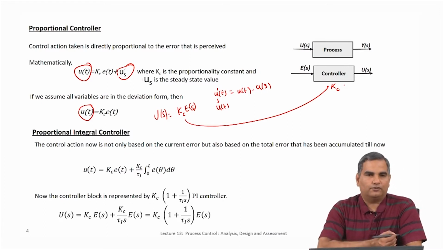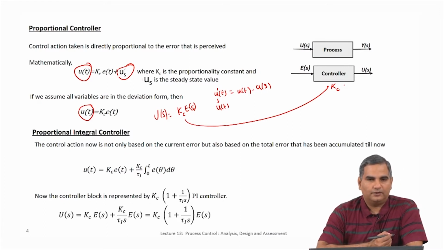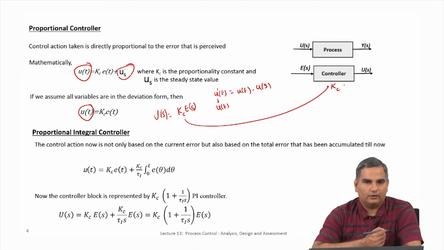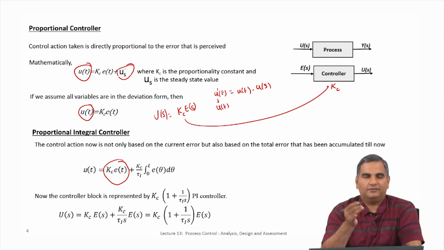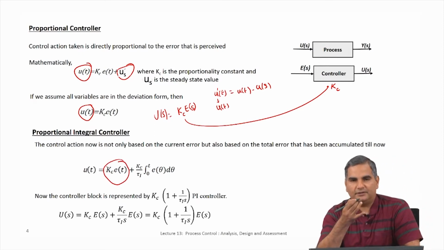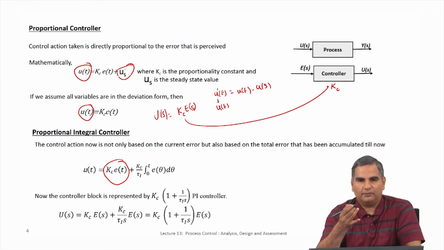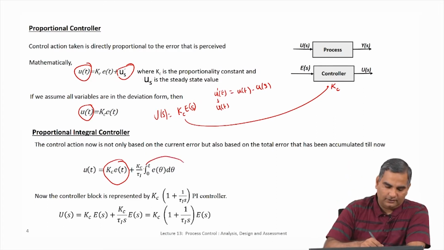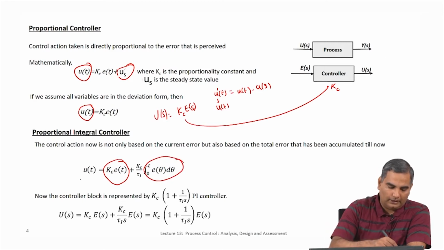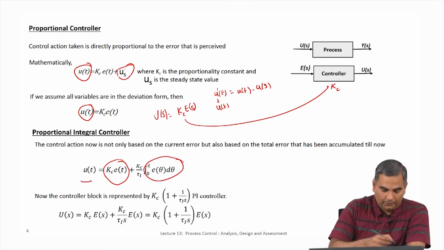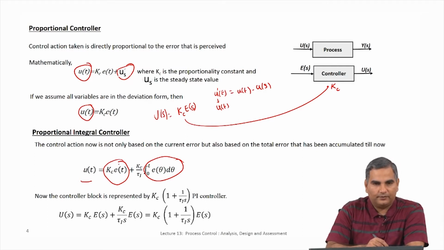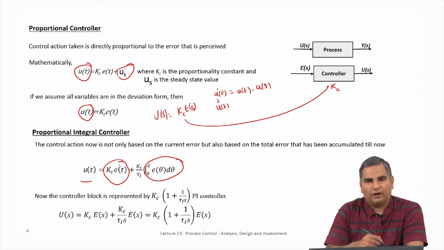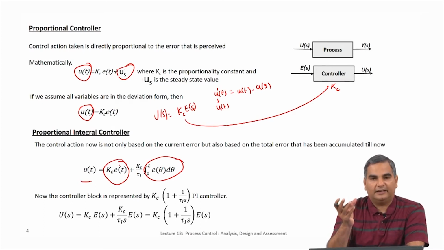Now, a slightly more sophisticated way of thinking about this would be to say, I want to take a control action not just based on the current error that I have, but I have seen errors before, so that information is useful. So, I am going to integrate all the errors that I have seen till now, and write my manipulated variable as proportional not only to the error that I see currently, but also to all the past errors, consolidated as an integrated error.